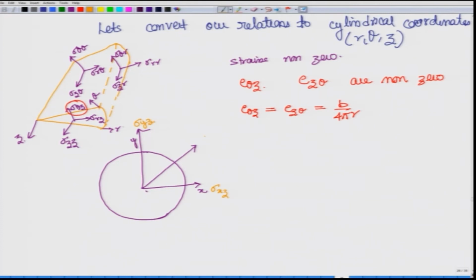If you go out, that will be sigma r z. Similarly, sigma theta z, if you go anywhere along the circle and take a tangent, that will represent sigma theta z. So, this is a tangent, let me draw it more accurately.